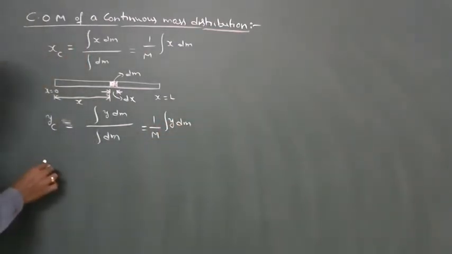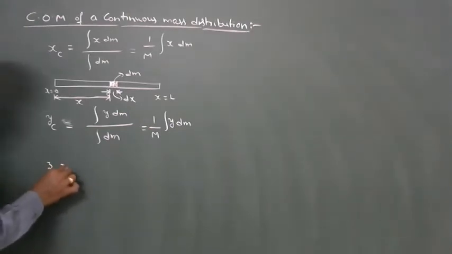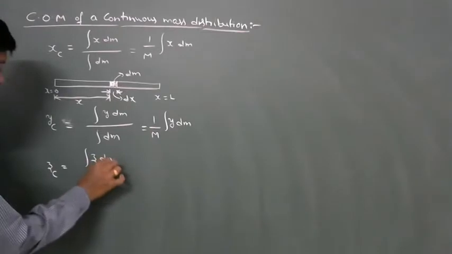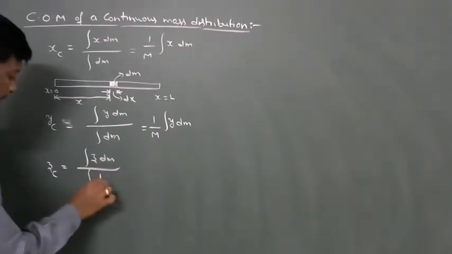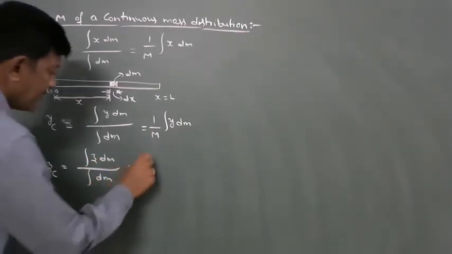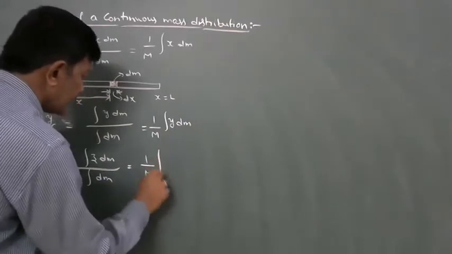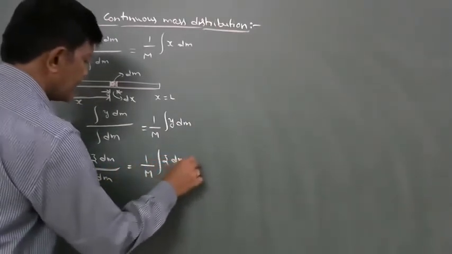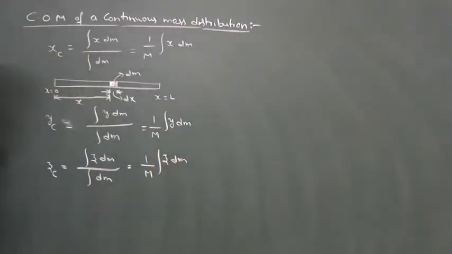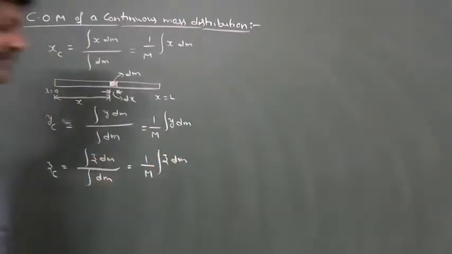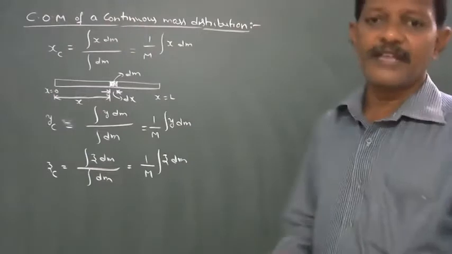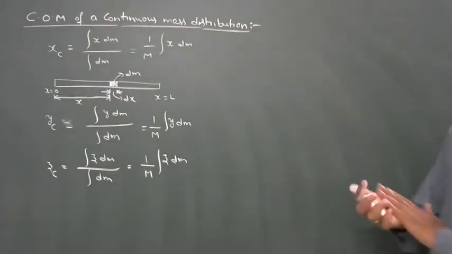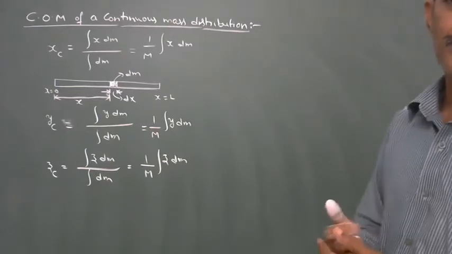Similarly, z_c is equal to integral z dm by integral dm, where integral dm means total mass. Here x, y and z are the distances of that element of mass dm from the point with respect to which the center of mass is to be calculated.